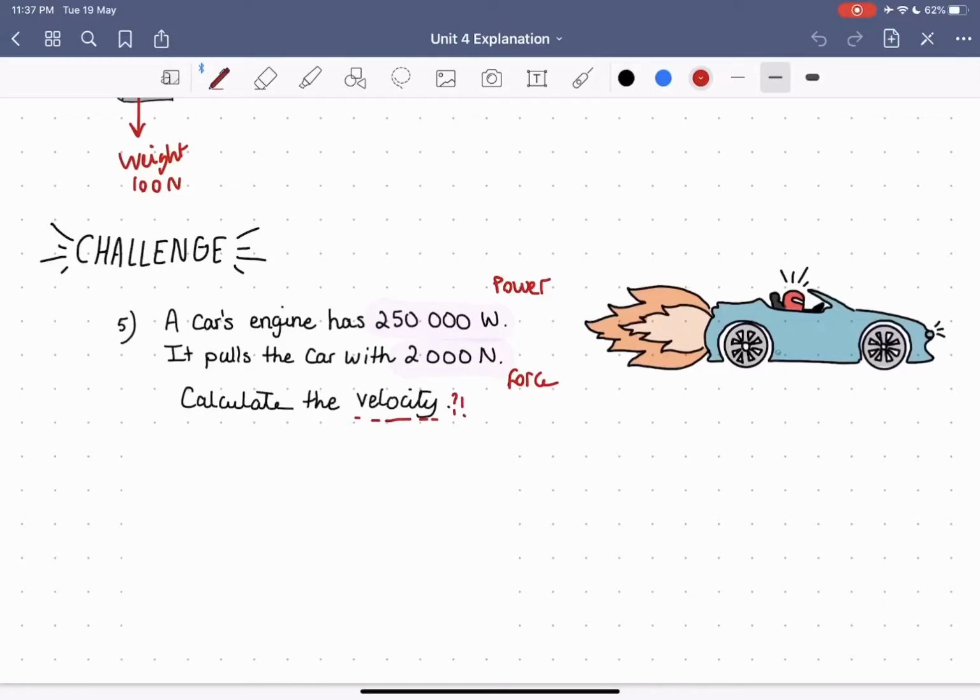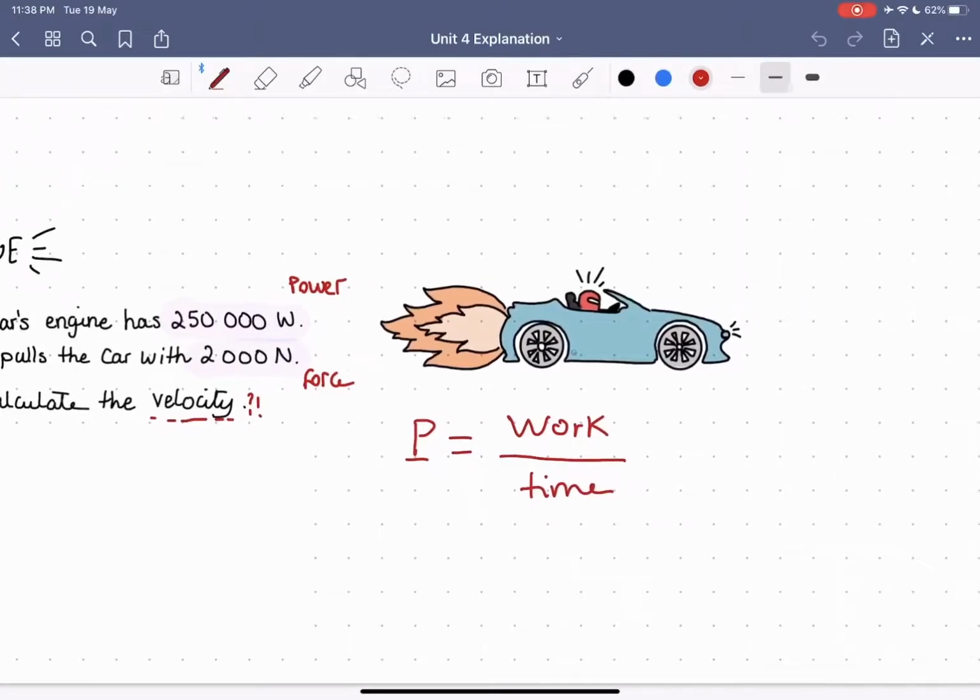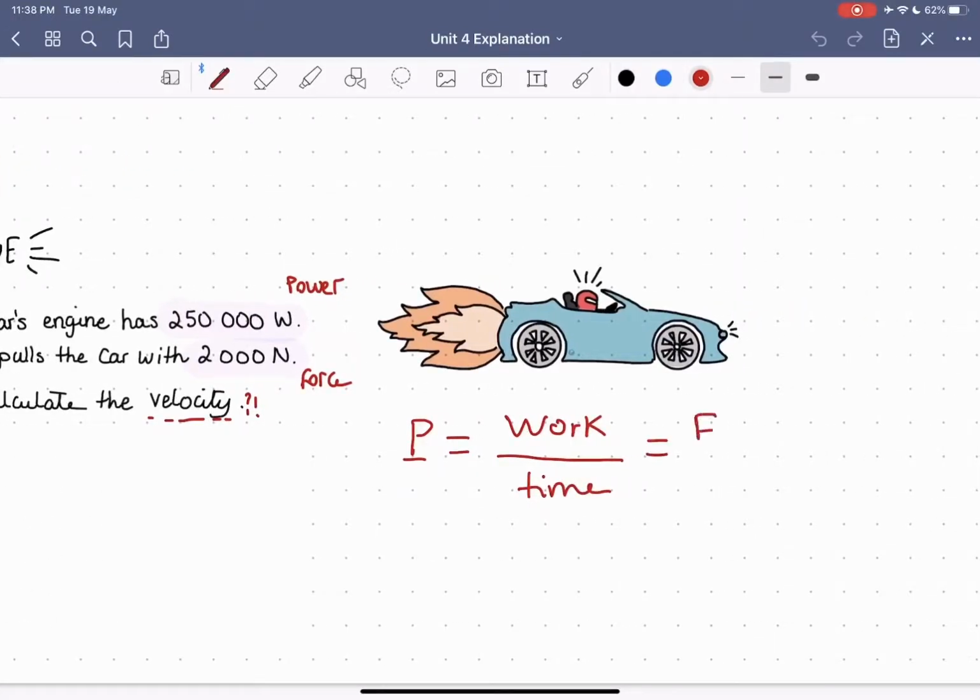Okay, how is this even possible? Again, always start by stating the formula. So power is equal to the work divided by the time. We know that the work is equal to the force multiplied by the distance, divided by the time.